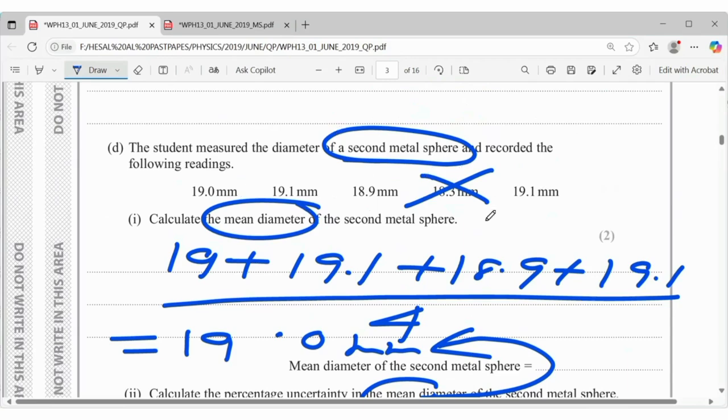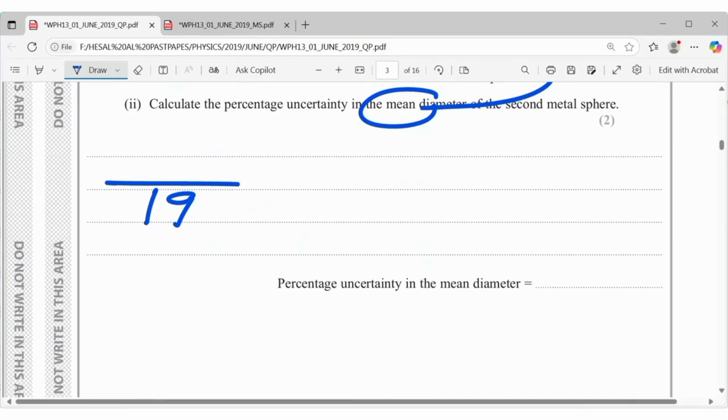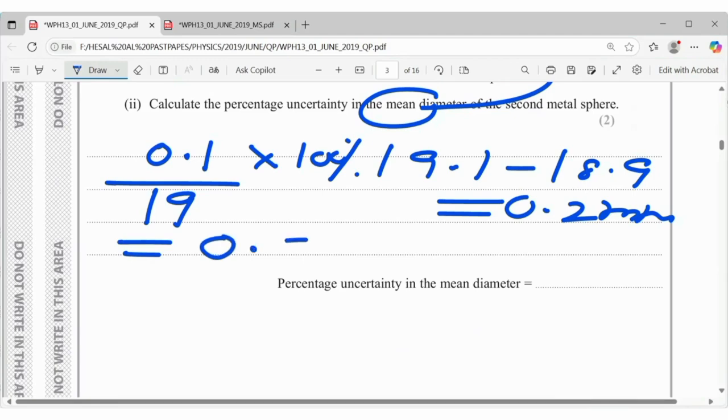Out of these 4 values, we find the maximum value and subtract the minimum. Then we get the range. In here, 19.1 subtract 18.9 gives 0.2 millimeters. So uncertainty is half of this, so it is 0.1. We can get the percentage, so our final answer becomes 0.53%. Nearly it's 0.5%.